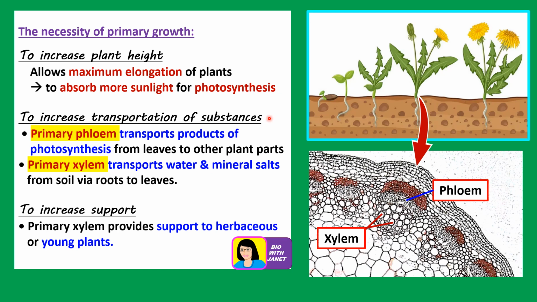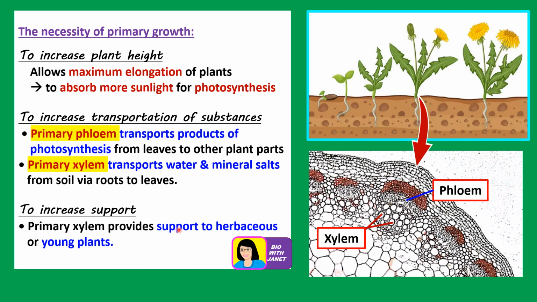Now, apart from that, primary growth also helps to increase transportation of substances through the production of primary phloem, which transports products of photosynthesis from leaves where it's produced to other plant parts like the roots. And then it also helps to form primary xylem. Okay, primary growth helps to form the primary xylem, which transports water and mineral salts from the soil through the roots to the leaves.